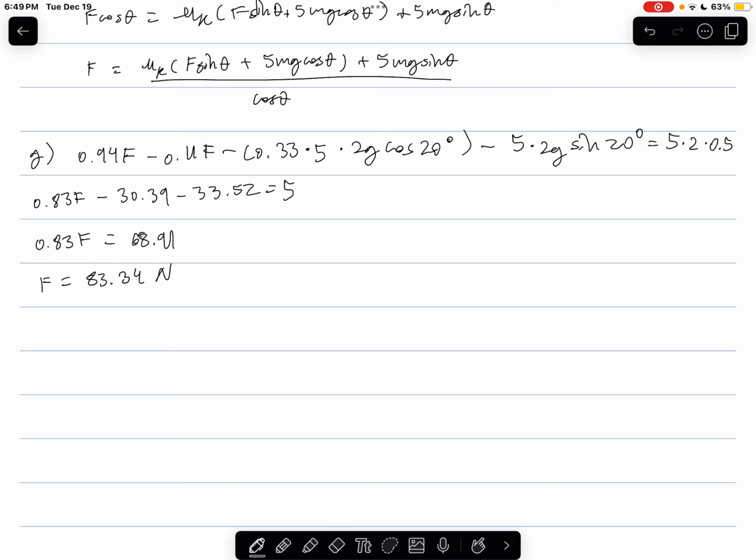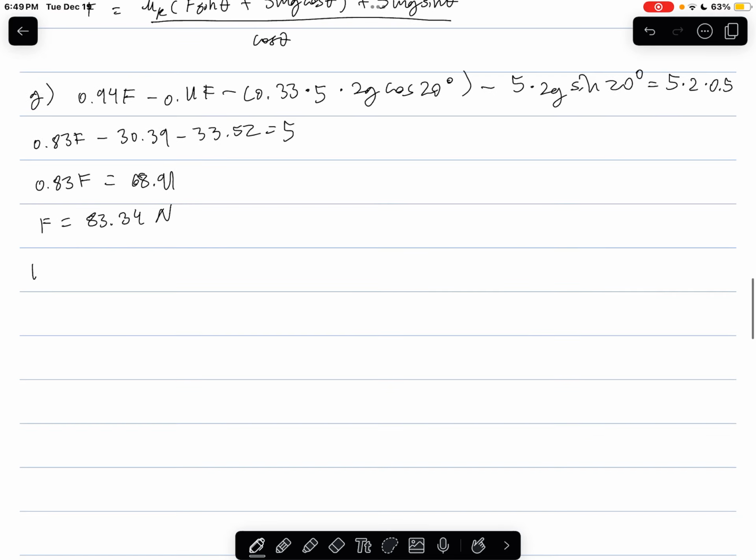Okay, so for part H, I know that Fm of 4m is going to be equal to F4m and m. And then I know net force total is going to be max, and then net force total is also going to be 5 times 2 times 0.5, which equals 5.